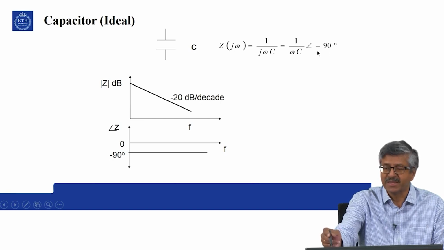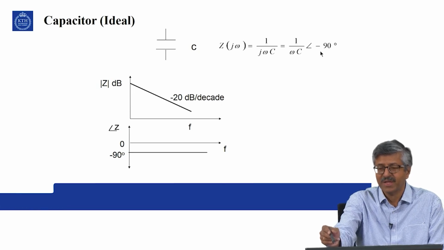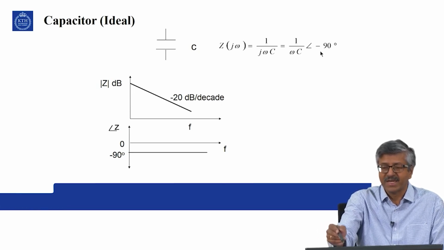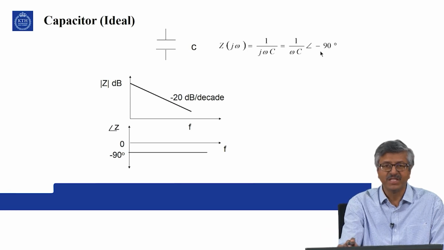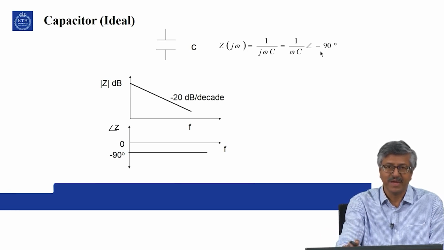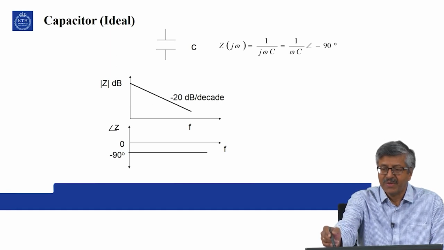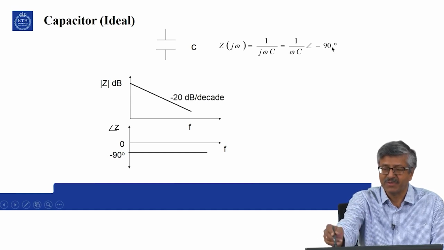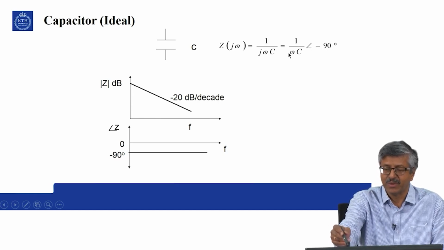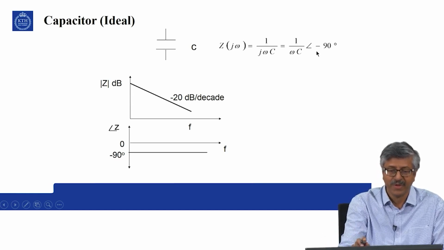It means that the impedance is voltage divided by current. So, voltage and current are 90 degree phase shifted, and the current is leading the voltage by 90 degrees. So, that is why you have this minus sign, or 1 by j, from that also you get a minus sign.